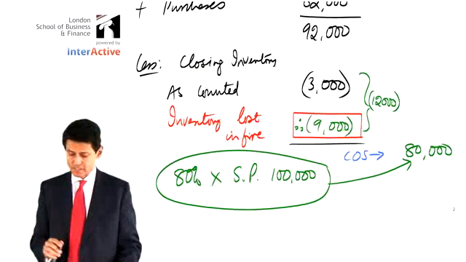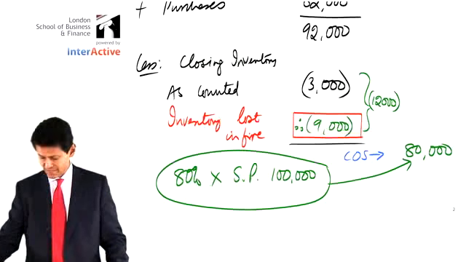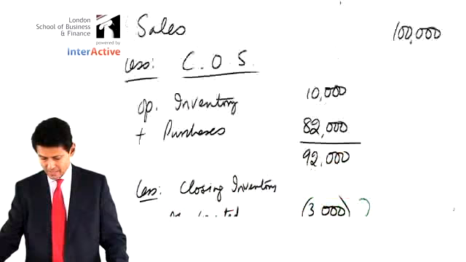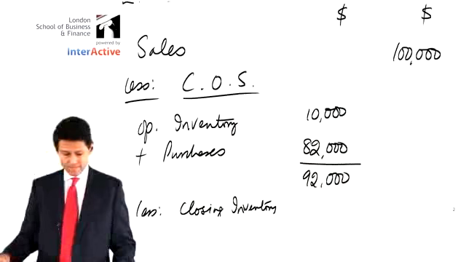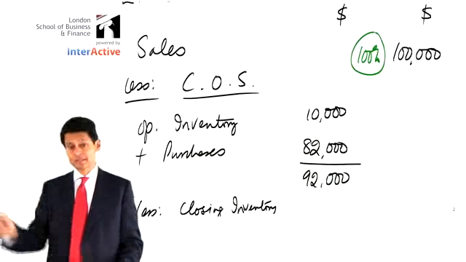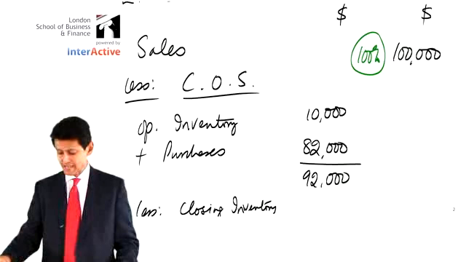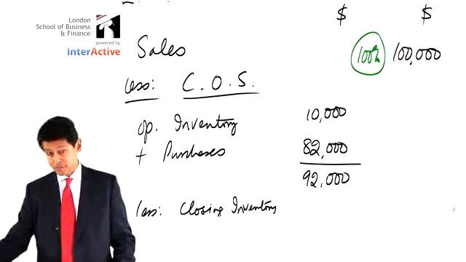But the best way to do it is to say to yourself, now, do I really understand those percentages? If the selling price is said to be 100%, obviously, and that's 100,000 as it happens, and your margin is given as 20%, and the margin, of course, is the gross profit.